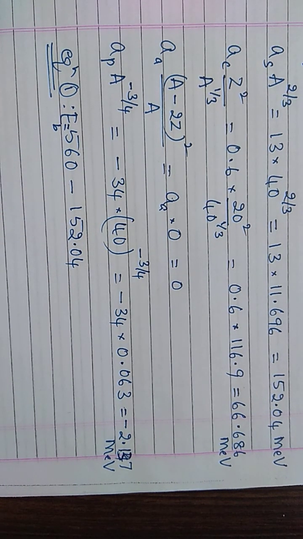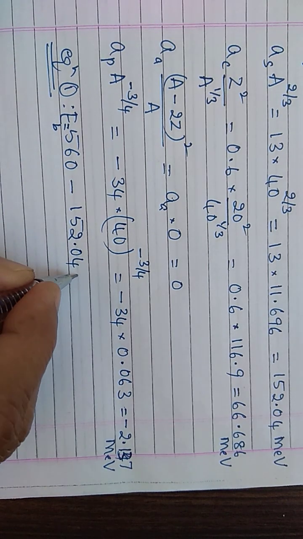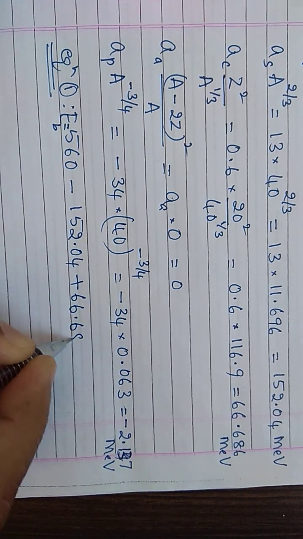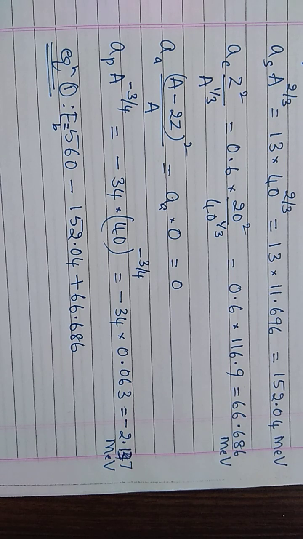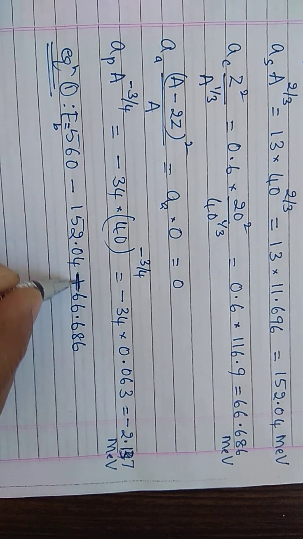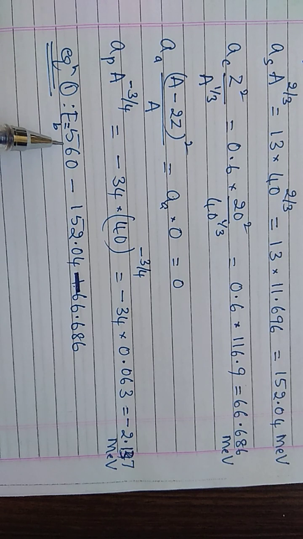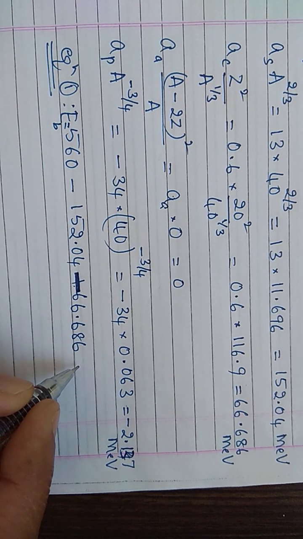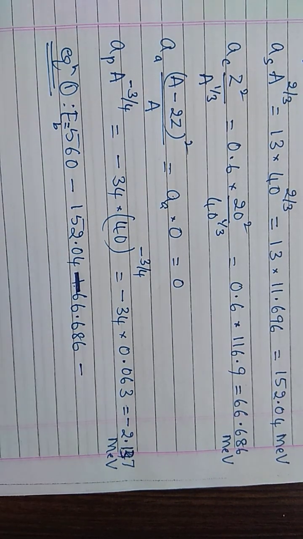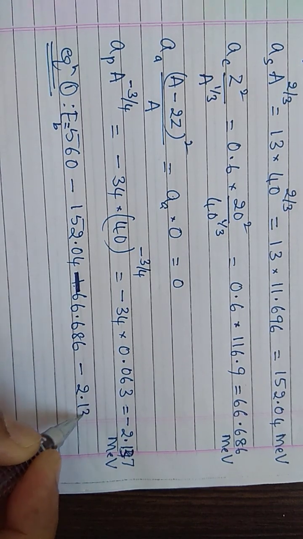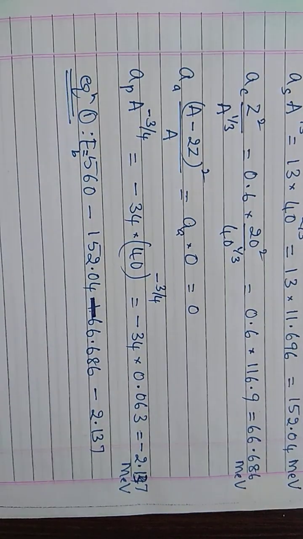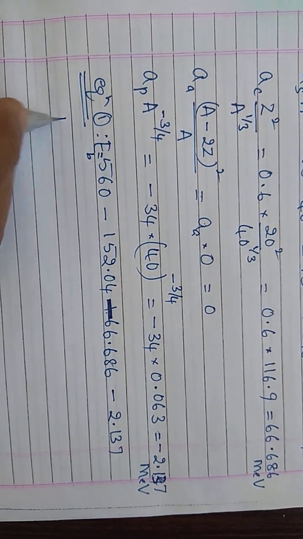The third component is 66.686 with a negative sign. Because the binding energy reduces because of these terms. So here it increases because of the volume. Okay, so this is minus 2.137. So substitution is over.